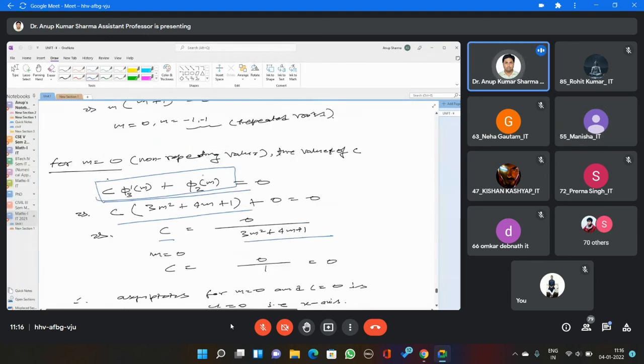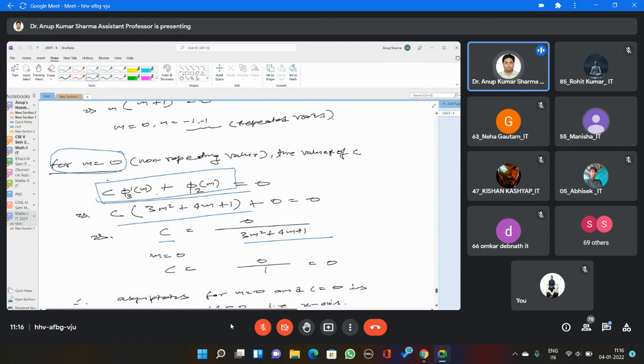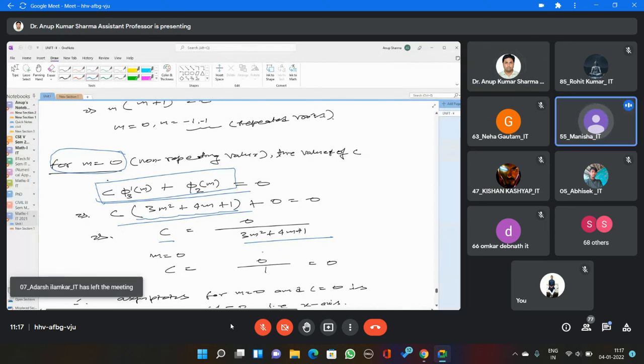Means m is already known, na? Yes, sir, this is already known here, for m is equal to 0. So this m is already known. That means either c is equal to 0 and this term is 0. We don't care about the m value here. So we have to take 0 in this case. It may be non-zero, in this case m is equal to 0, so this term is non-zero. So in this case, what do we write?